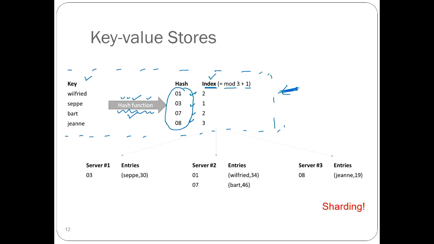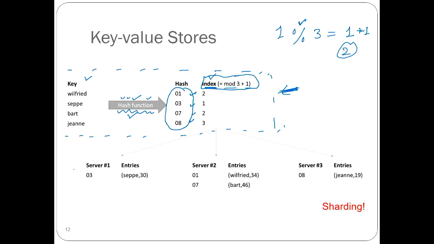So if you do that, 1 mod 3, the remainder when you divide 1 by 3, modulo is often denoted by the percentage sign. So 1 modulo 3 is 1, that is the remainder. We add 1 to that, right? That is our hash function here. So that will give us the value 2.